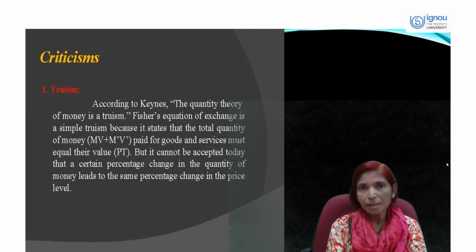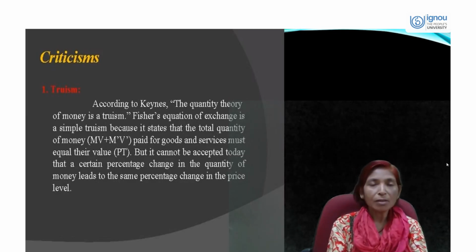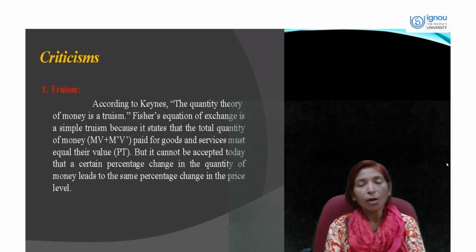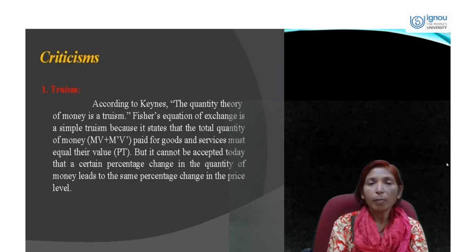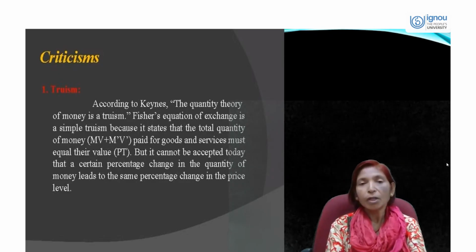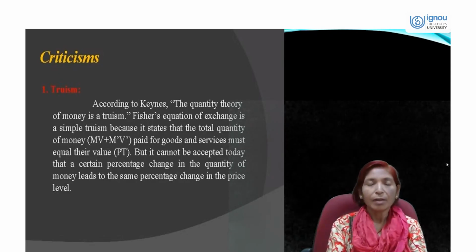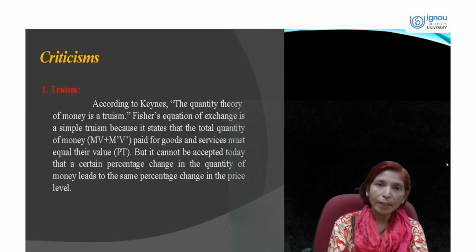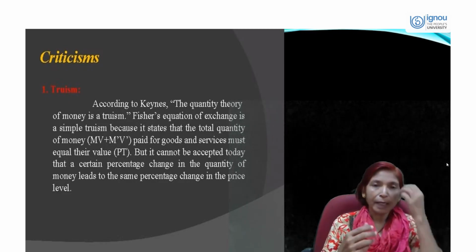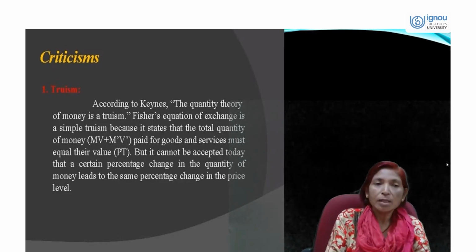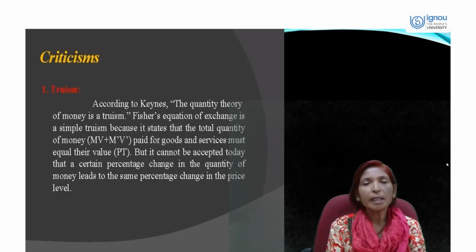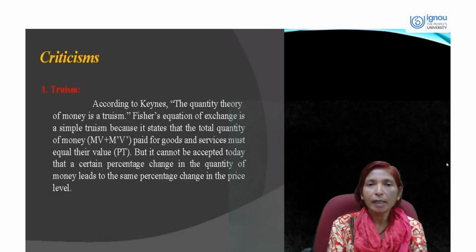But we can't forget the importance of Fisher's quantity theory of money, because if Fisher had not propounded that theory, then how could we get new or modern theories? So Fisher's theory plays a very important role in the money supply concept and money unit. And this theory was not fully inaccurate or unrealistic.